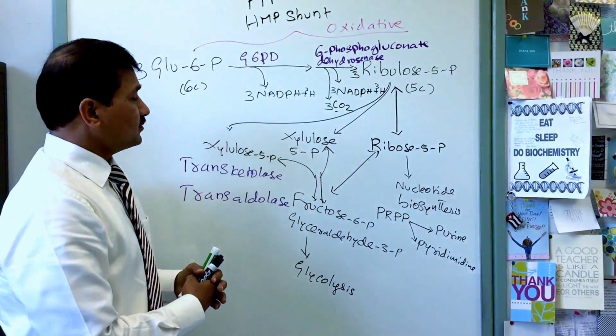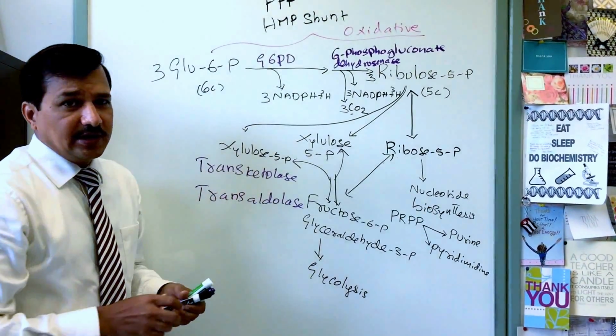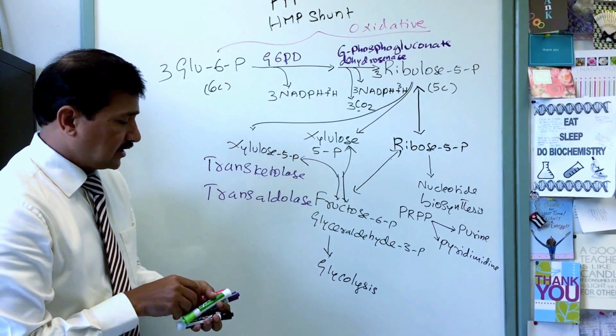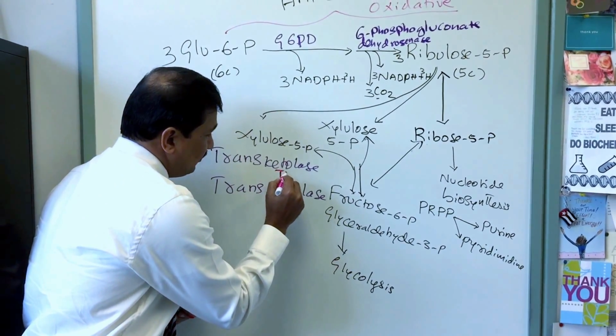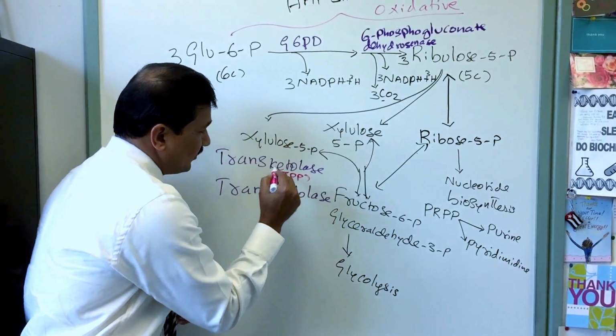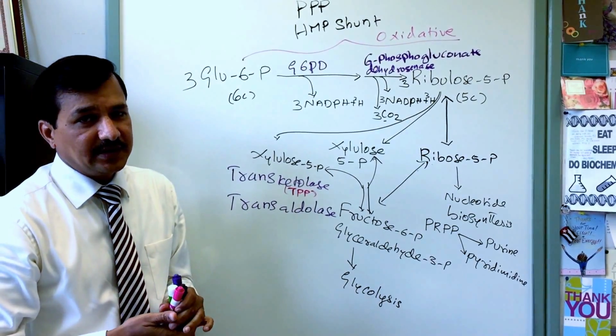Okay. Now, after knowing all this, you need to know a little bit about transketolase function here. One of the coenzymes for transketolase is TPP, thiamine pyrophosphate. The active form of thiamine is thiamine pyrophosphate.